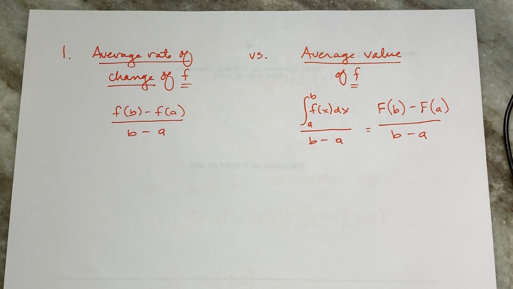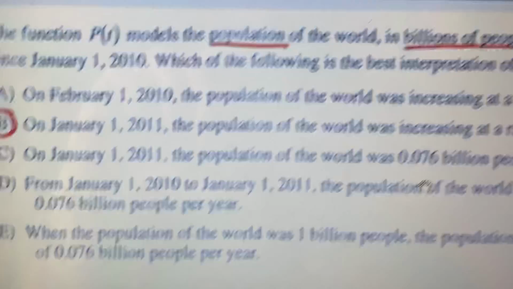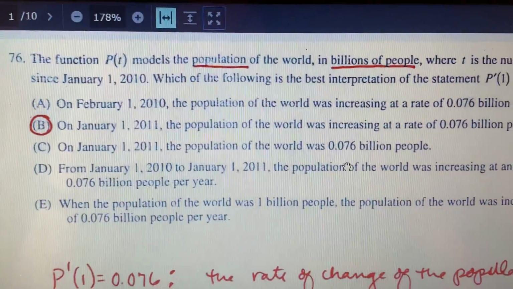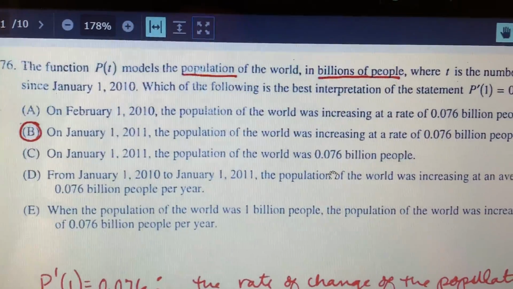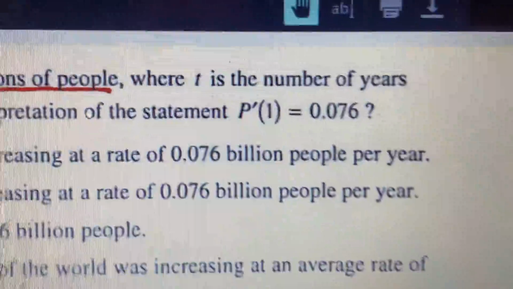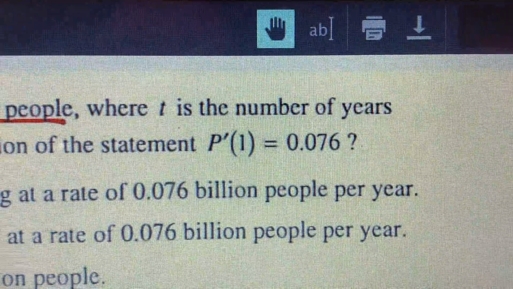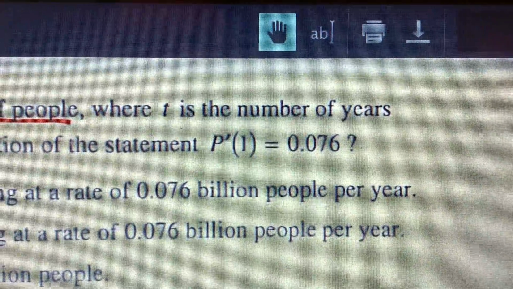Now, when it comes to number 76, you asked, what's the difference between B and D? I pulled this up so I can show it in my video. The main key on 76 is that they're asking for the derivative of P at 1.